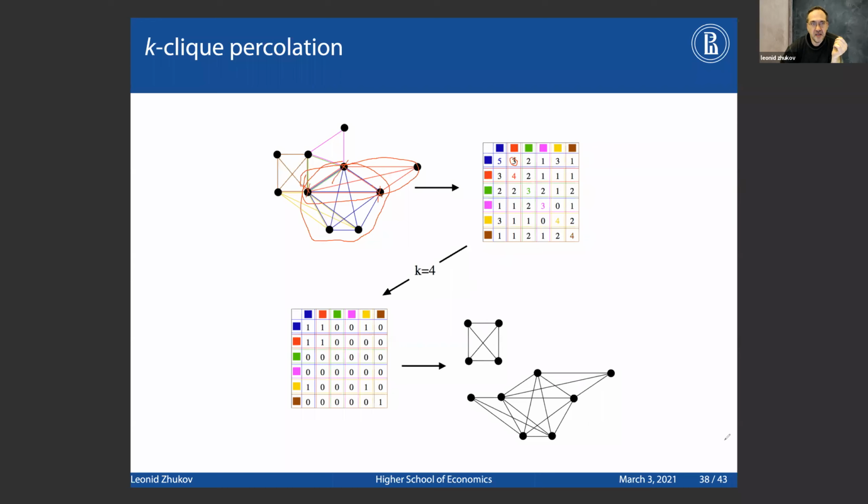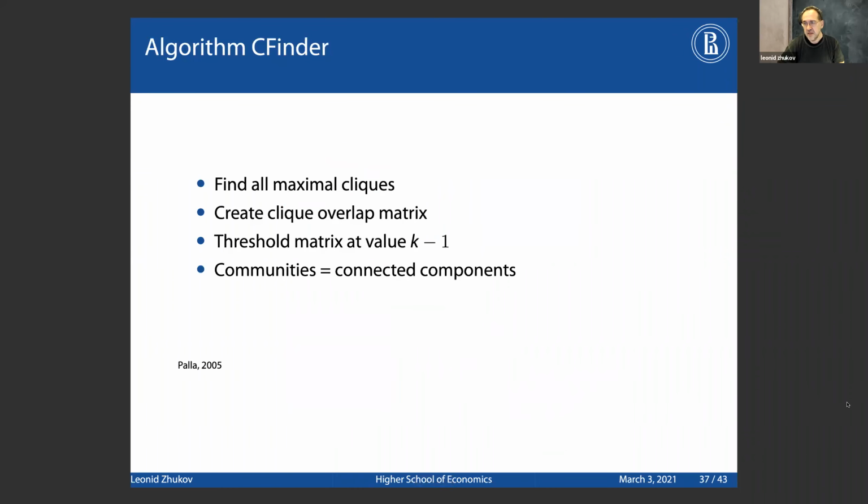Or if I take a blue clique and a green clique, they overlap with those 2 nodes, and that's what I put here. All right, and then we threshold them. And based on the algorithm, if k equals 4, for example, I want to have a clique size of 4, the algorithm tells us to threshold at value k-1, so threshold at 3.